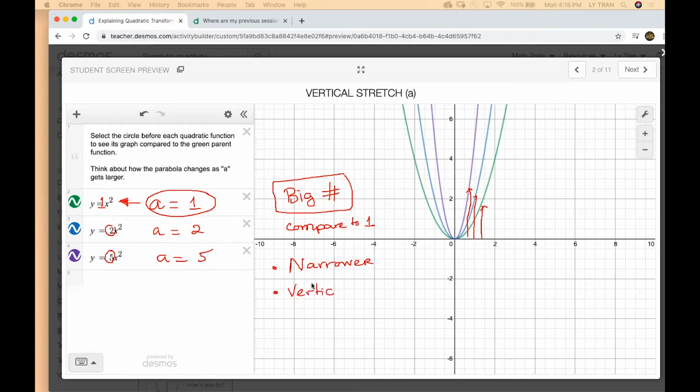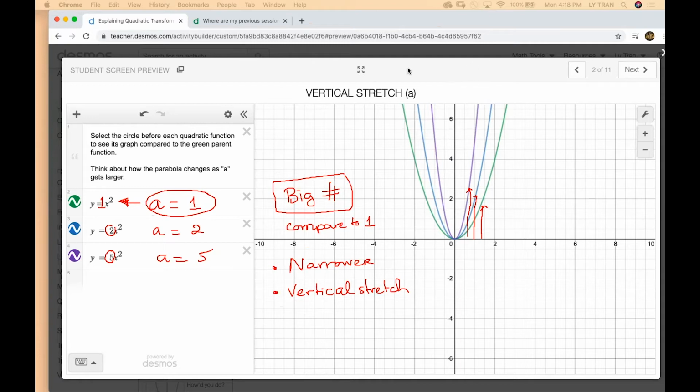Take a rubber band and pull it up. You can see the rubber band getting narrower and narrower, and we call it vertical stretch because it's stretching up. Imagine if I have a fork pulling this up right here. So we call it vertical stretch.